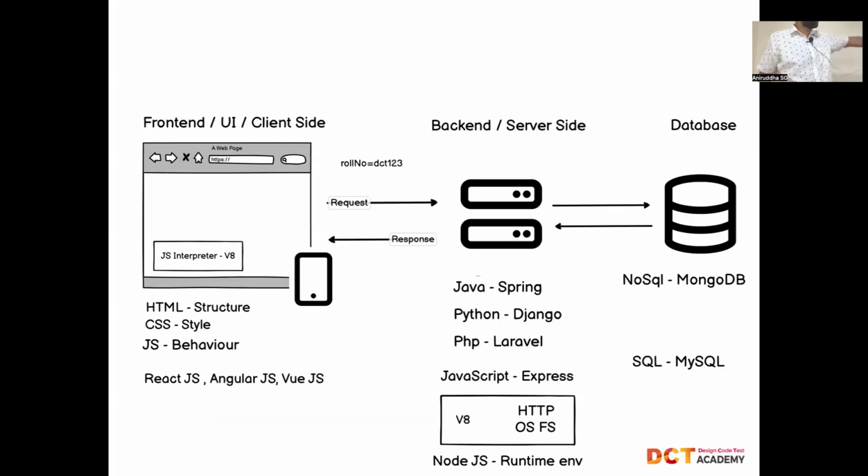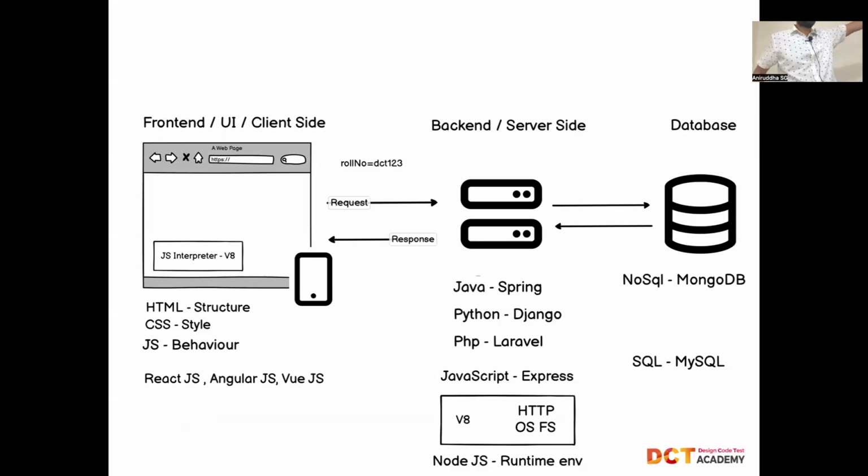Plus, it has some extra libraries or modules called HTTP. What is the full form of HTTP? Hypertext Transfer Protocol. What is it used for? To build client-server architecture-based applications.